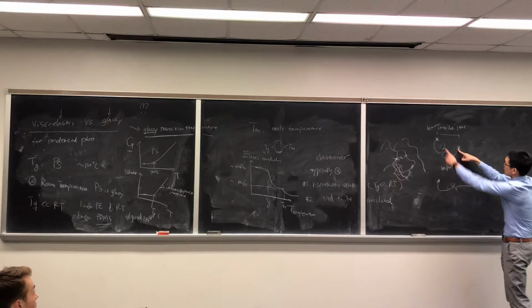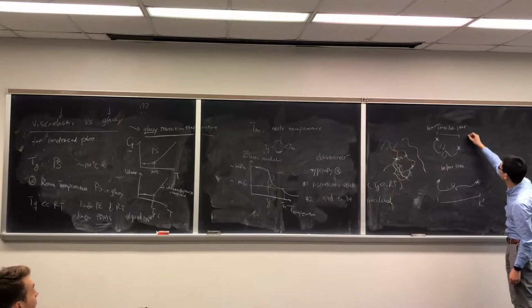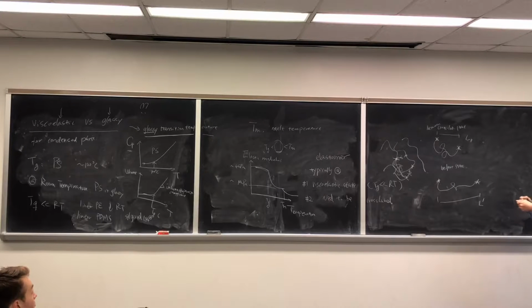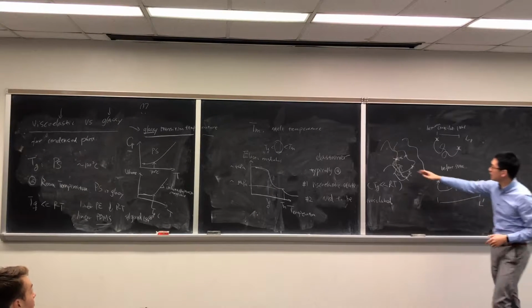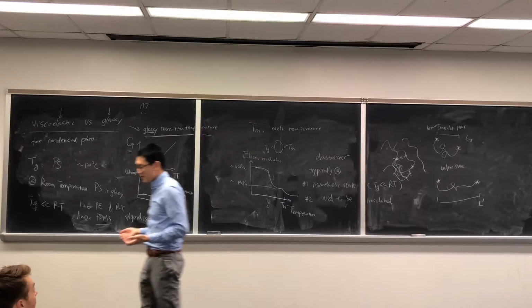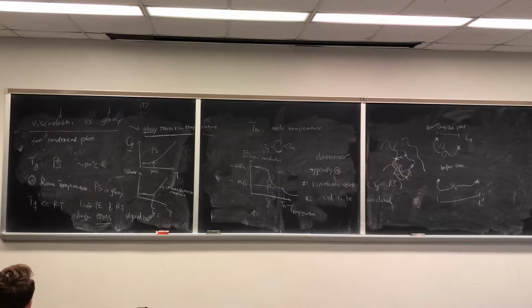So this point is being deformed to a new L prime. This is L0. Okay, so you can deform it this way. If you don't have this cross-link, what's going to happen, as we talked about, your material is in the viscoelastic state. It's just going to flow if you don't cross-link them.